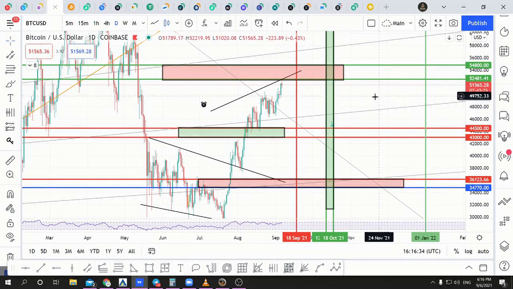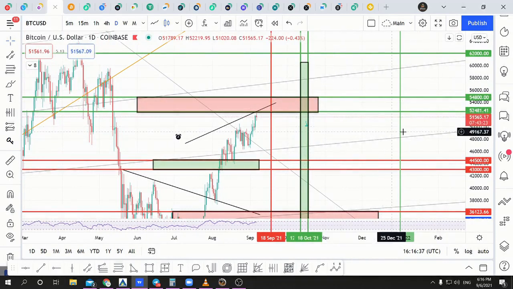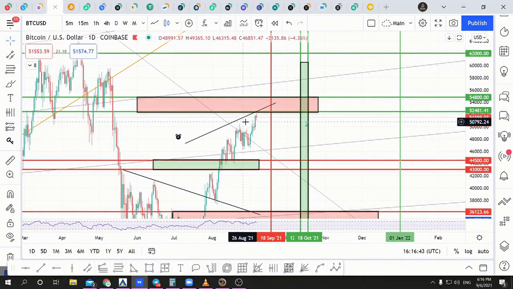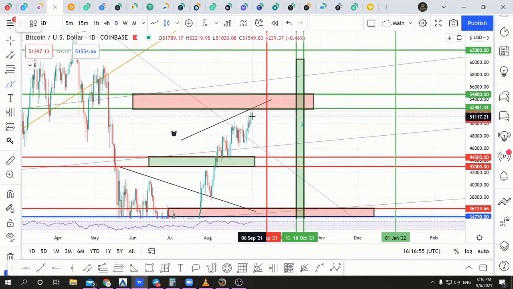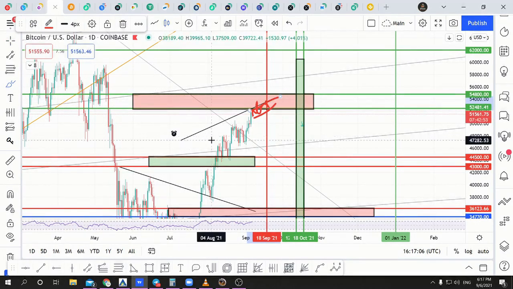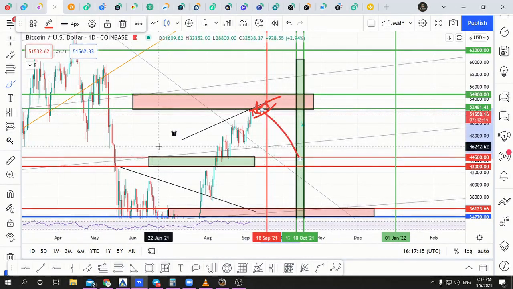For now I'm expecting this area to be a very tough resistance in the way of the Bitcoin, and we will most probably see some retracement, some downside from this area, especially if we find something like this. I'm expecting a small push up like this, which gives me something like a rising wedge in this area. This will confirm my analysis of this area to be a bearish side from here.